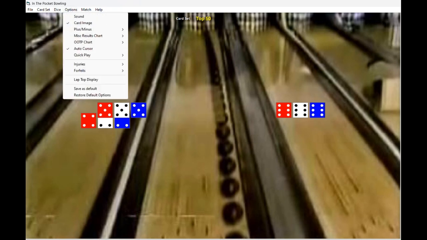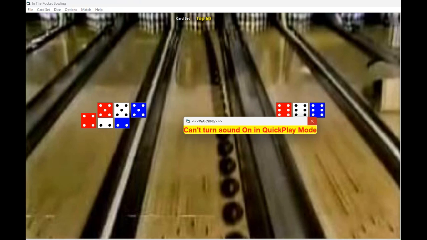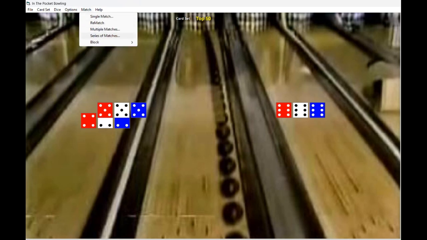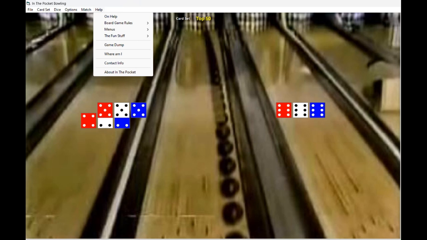Options include sound and quick play mode, full game, the chart, result plus minus card image, cursor injuries, forfeits. Match types: you can have a single match, rematch, or a series of multiple matches. And the rules.